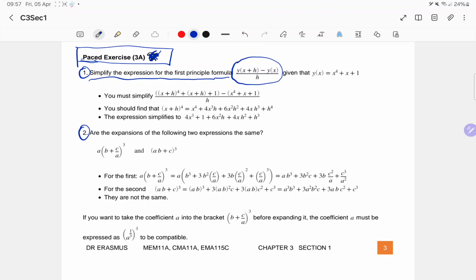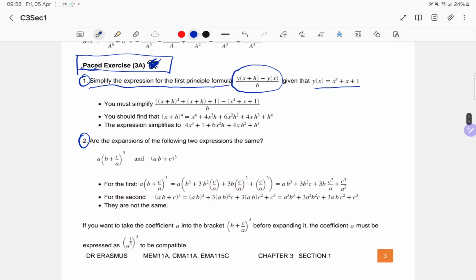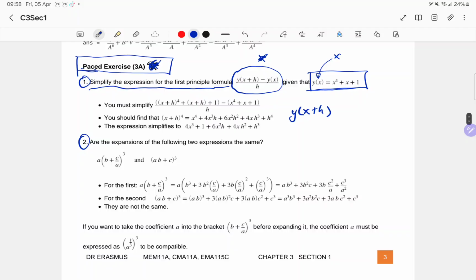Given that y of x is equal to x to the power 4 plus x plus 1. So the first step is to compute. What do I mean by compute? You know that your y of x is given by this, so your input here, or your argument, is just x. Since you want to simplify the expression for the first principal formula, the first term on your numerator is given by y of x plus h.